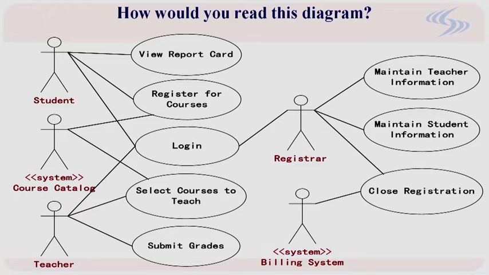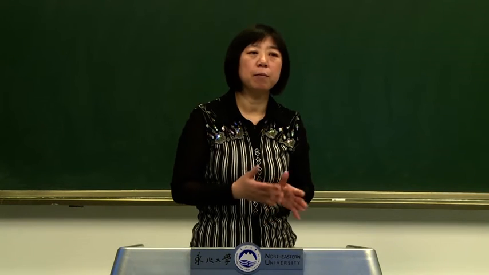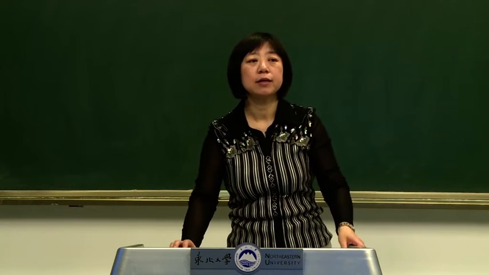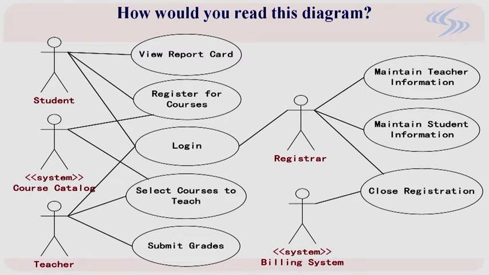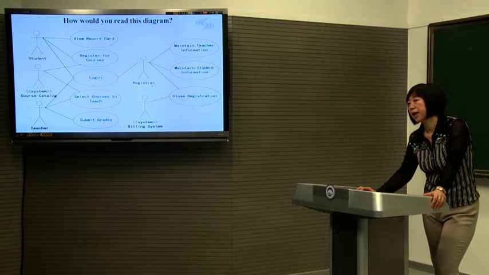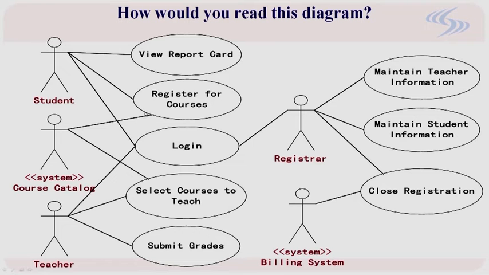Okay. And the information about the courses can be gotten from the existing system course catalog. So since this system is there already, we can just use it. There will be some kind of dialogue or interaction between actor course catalog and the use case register for courses and select courses to teach.